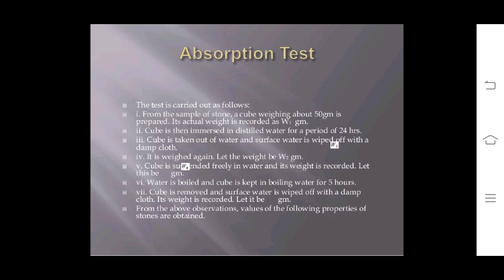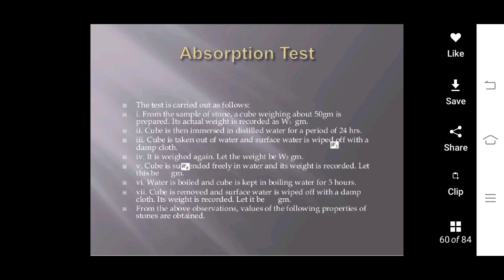From the sample of stone, a cube weighing about 50 grams is prepared. Its actual weight is recorded as W1 grams. In the second step, the cube is immersed in distilled water for a period of 24 hours.